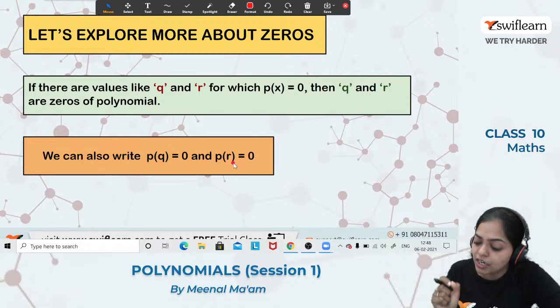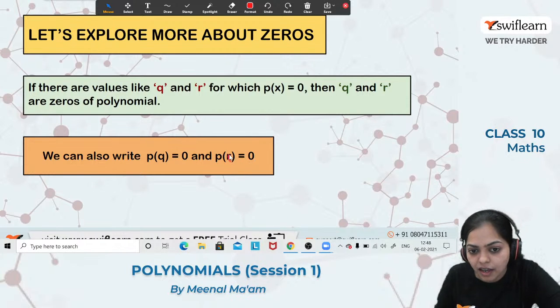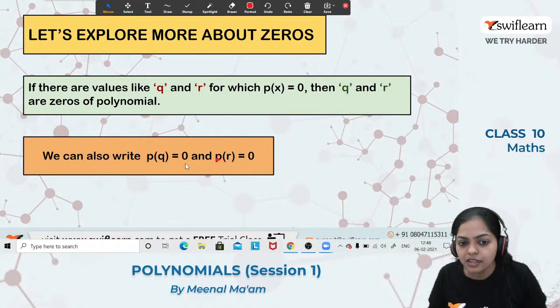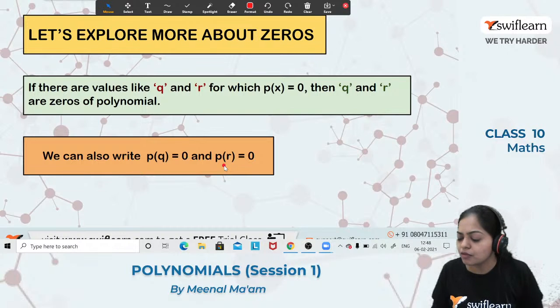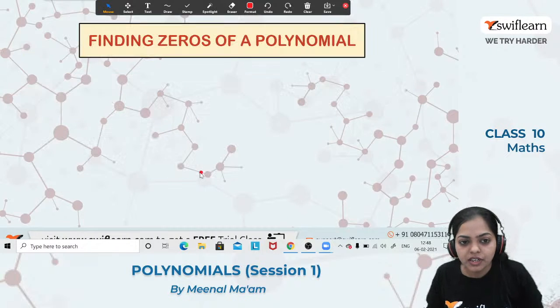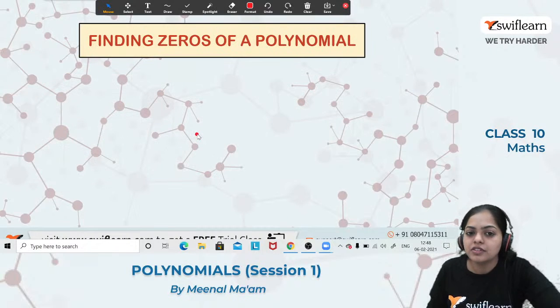And when we put the variable as r and we get the whole polynomial expression as 0, then q and r are nothing but the zeros of the polynomial. Got it? Okay everyone. If you got this one, let's move on to some more examples.